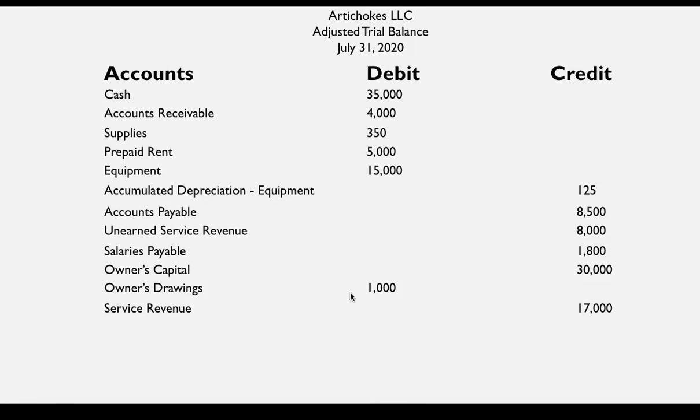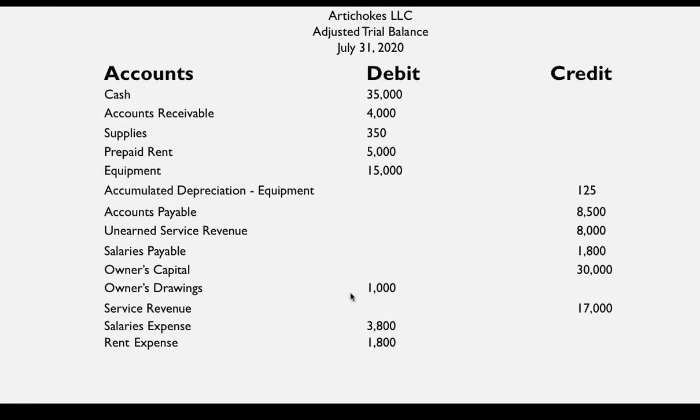So then we start listing our expense accounts. So we had salaries expense, which is now at $3,800. That's over on the debit side. We had rent expense. Sorry, that should say $1,000.